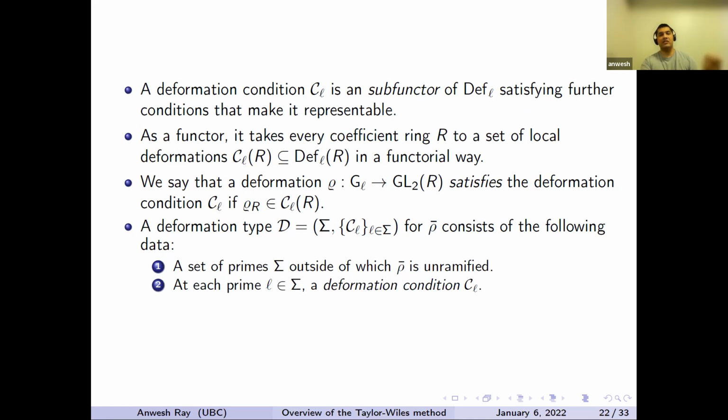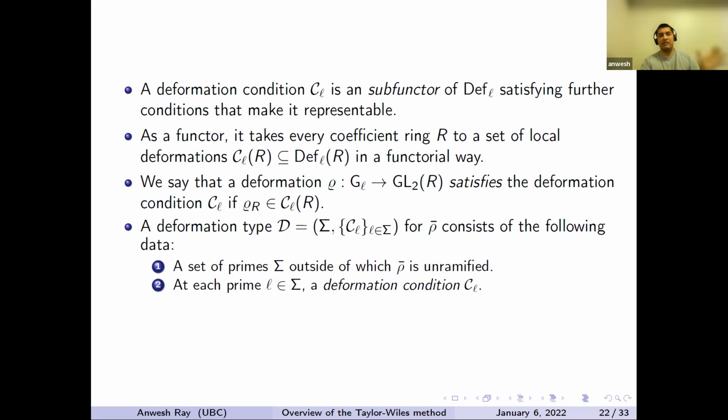You can still specify certain local conditions there. You can prescribe the minimal deformation condition, or some other deformation condition, or allow for all deformations. So C_L could be all of Def_L, or something smaller.